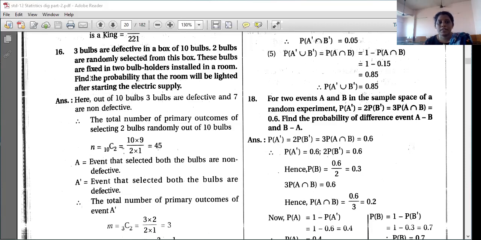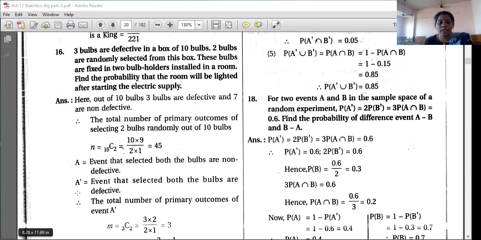Then these bulbs are fixed in two bulb holders installed in a room. Then what you have to find is the probability that the room will be lighted after starting the electric supply. If the room should be lighted, then the bulbs should be non-defective. Then only the room will be lighted. So we will write A equal to the event that both the selected bulbs are non-defective.